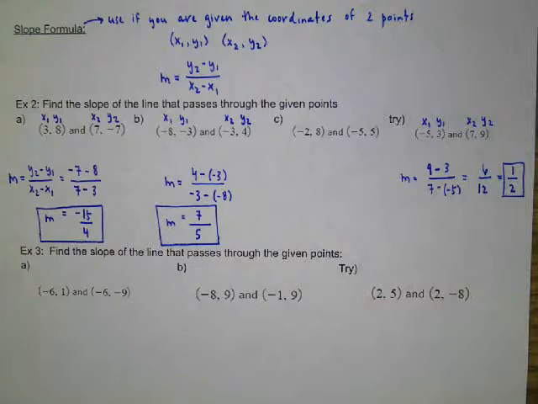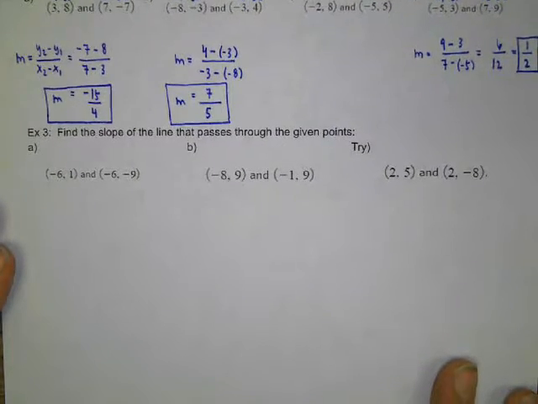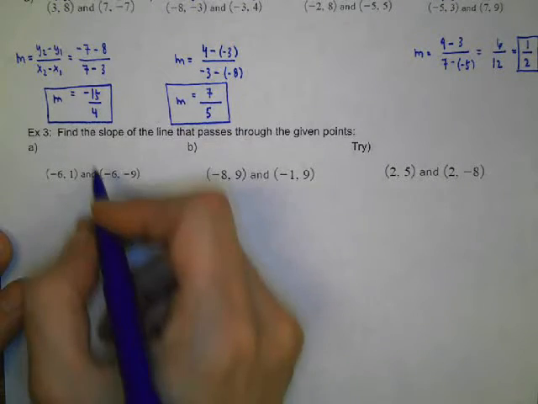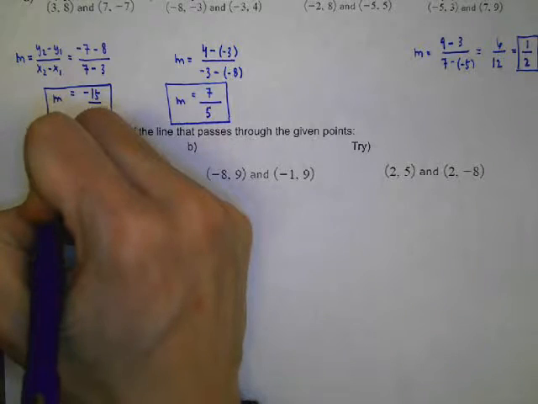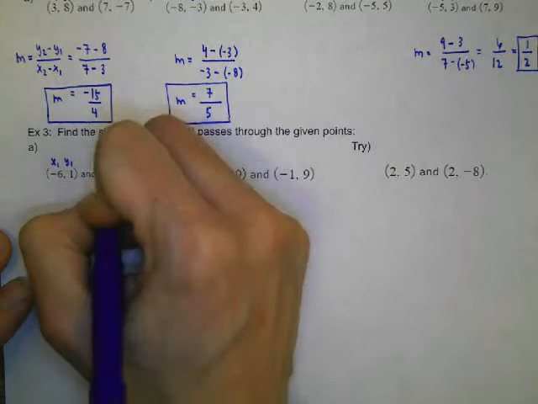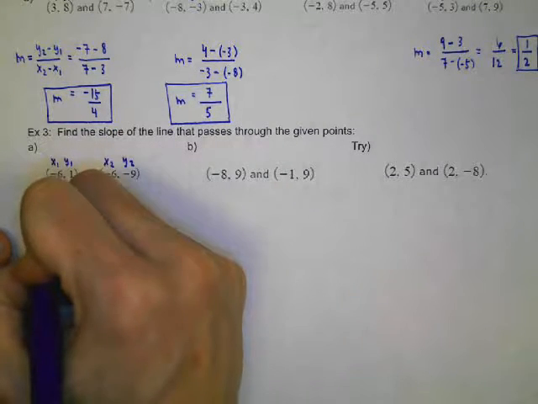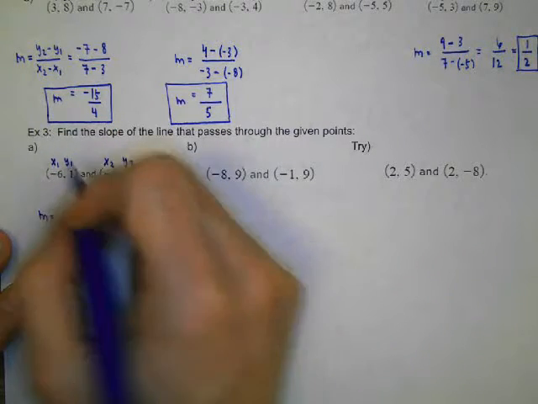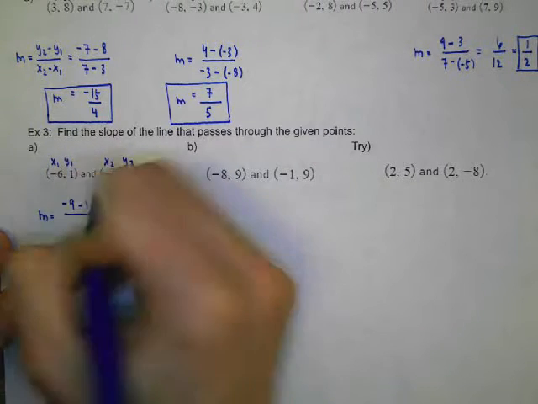Okay, let's try a couple more of these kind of special cases here. So we're still finding the slope. So this is our slope formula again. So x1, y1, x2, y2. So my slope is y2 minus y1. So -9, minus 1.